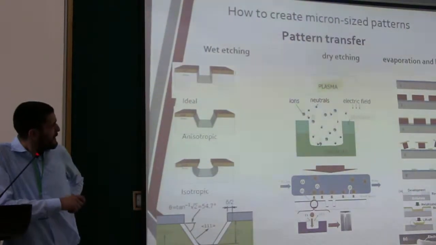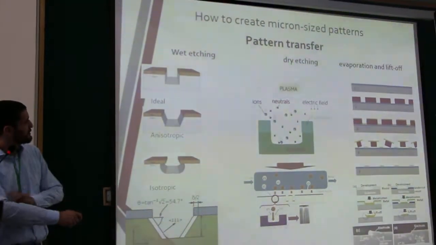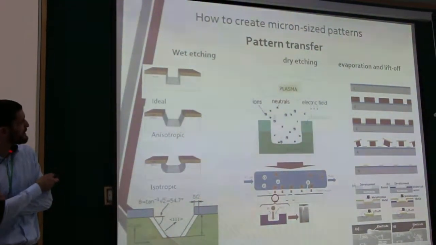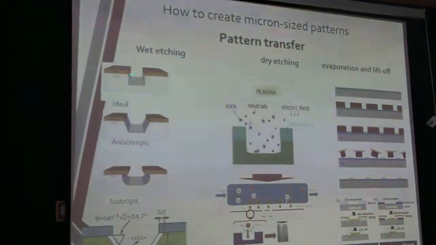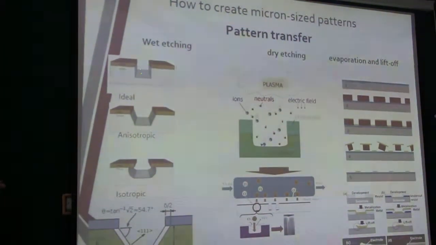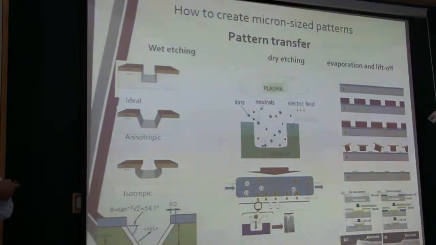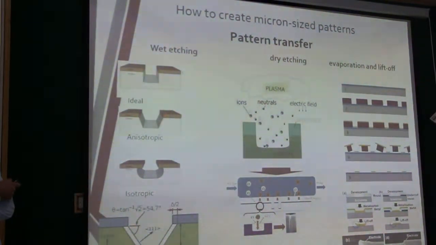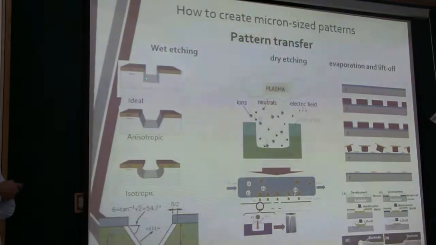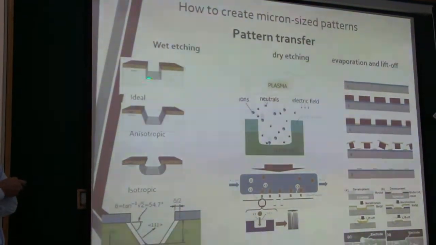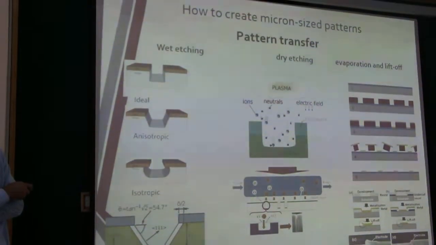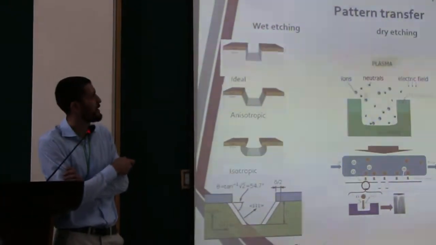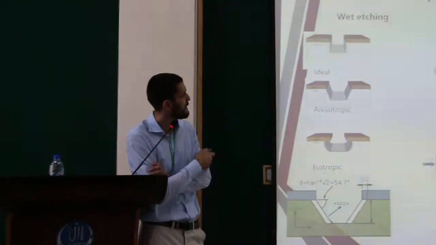Simply, just to describe what we are doing, wet etching. Etching is when you are removing selectively the material on the exposed region of your sample by reproducing the pattern that you have on your resin on the substrate. So we can distinguish wet etching, when you are doing the process in a solution.